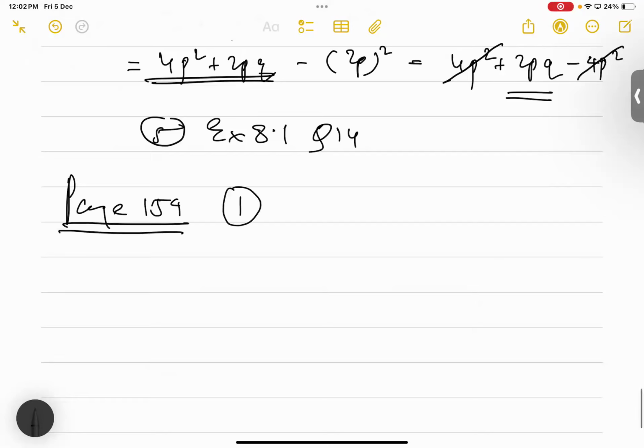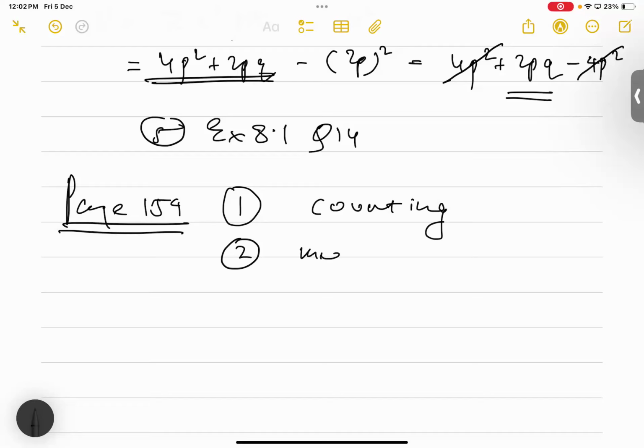Question number 1 from the fill in the blanks. The values of a discrete random variable are generally obtained by counting. Counting, na? We did this in the first session of probability distribution. The value of the continuous random variable is generally obtained by, can you tell me?